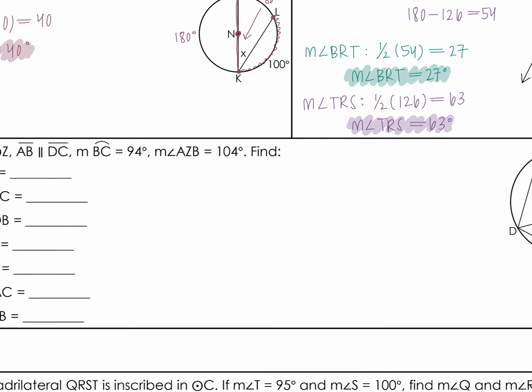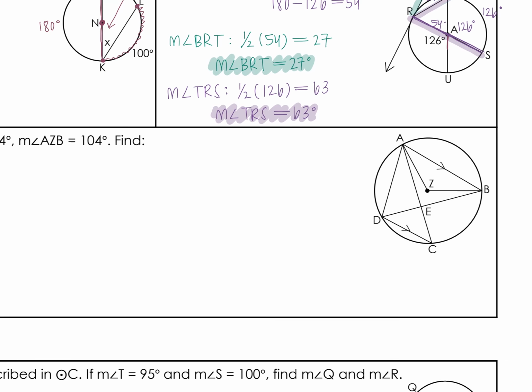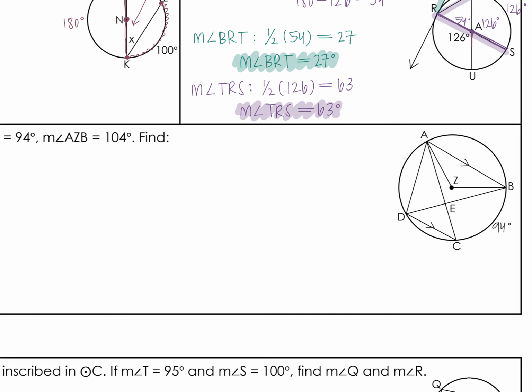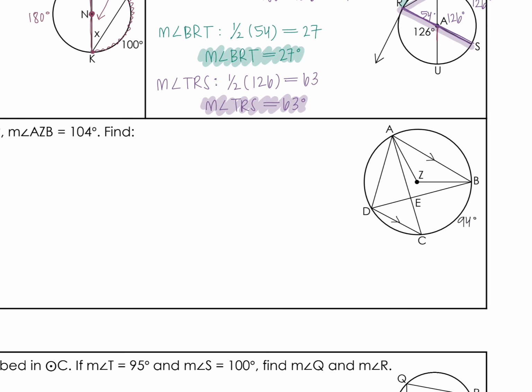Then we also know that the measure of our arc BC is 94 degrees. And that the measure of angle AZB, so A to Z to B, that's going to be this central angle here, is 104 degrees.